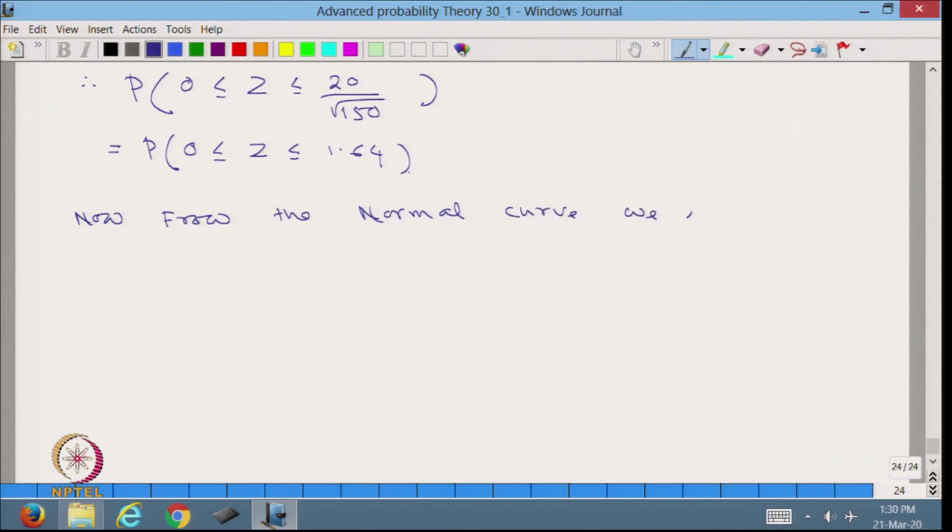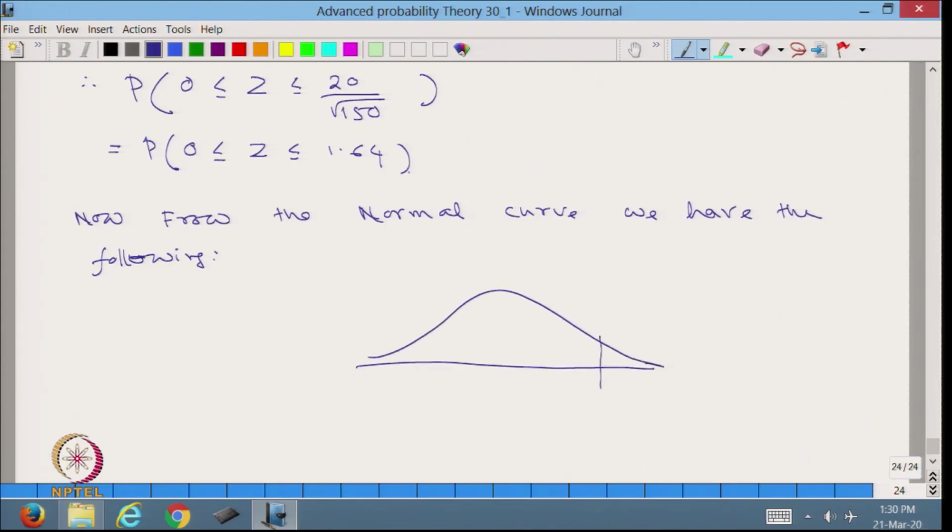Now, from the normal curve, we have the following. Above 1.64, this is 0.05 probability. Therefore, this probability is 0.95.